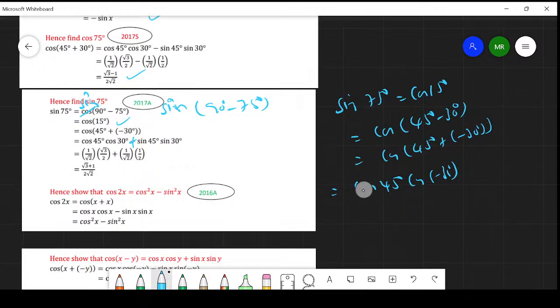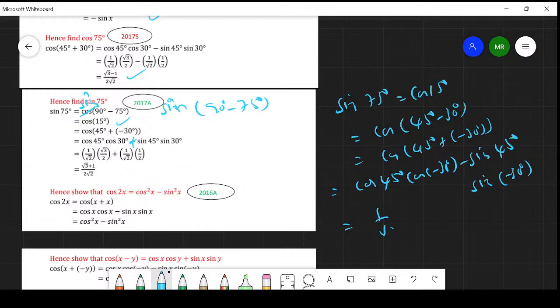Cos 45 degrees, cos of minus 30 degrees, the formula has minus sin 45 degrees, and I can write sin of minus 30 degrees. So cos 45 degrees is 1 by root 2. Cos of minus 30 is cos 30, root 3 by 2.